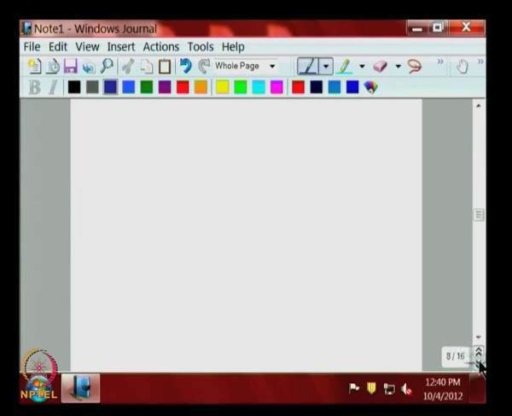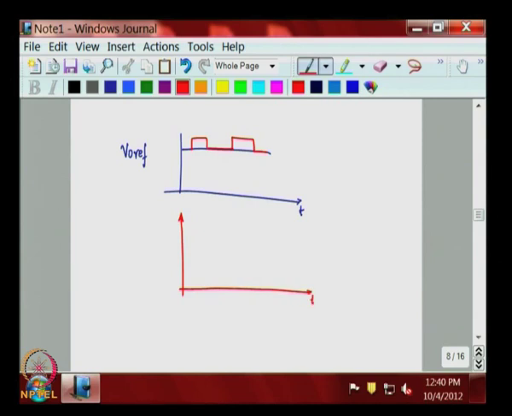A better way would be to take V0 ref, which is a fixed DC, superpose a pulse waveform like this, then you would get V0 ref, which is of this nature.